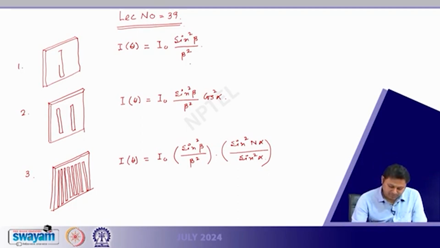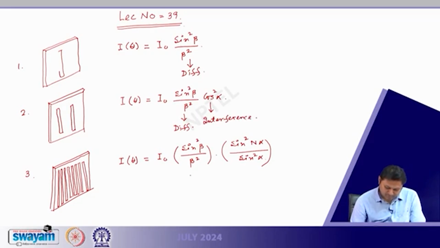In the second case, this term is due to diffraction and this term is due to interference. In this case, this term is due to diffraction, and this term is due to interference.